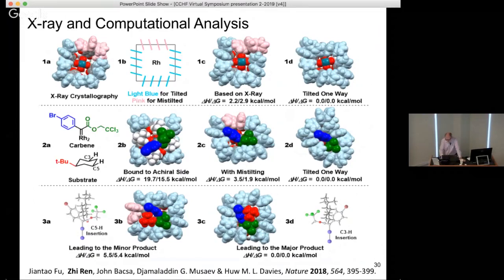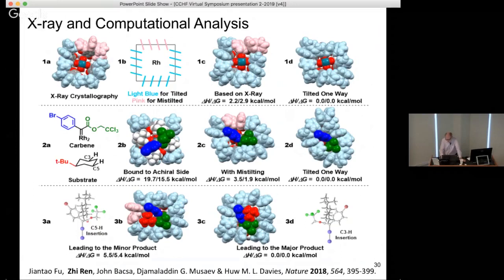Now, one thing about this catalyst, it is fairly rigid, but it's not totally rigid. So there's some room for breathing, and I think you can see in 2D, the catalyst looks a little different in shape from the 1D before the carbene bound to it. So the blue is the phenyl ring, and the green is the trichloroethyl grouping we're using.